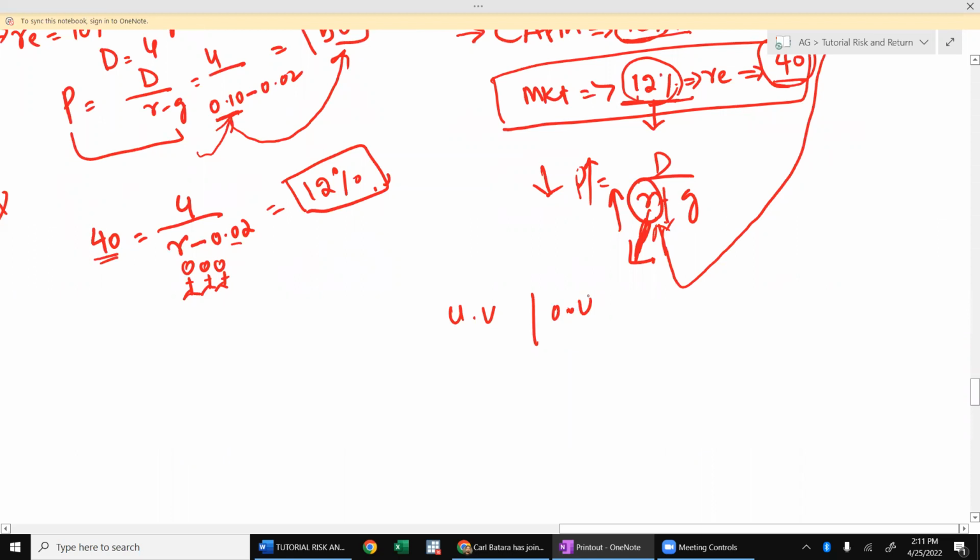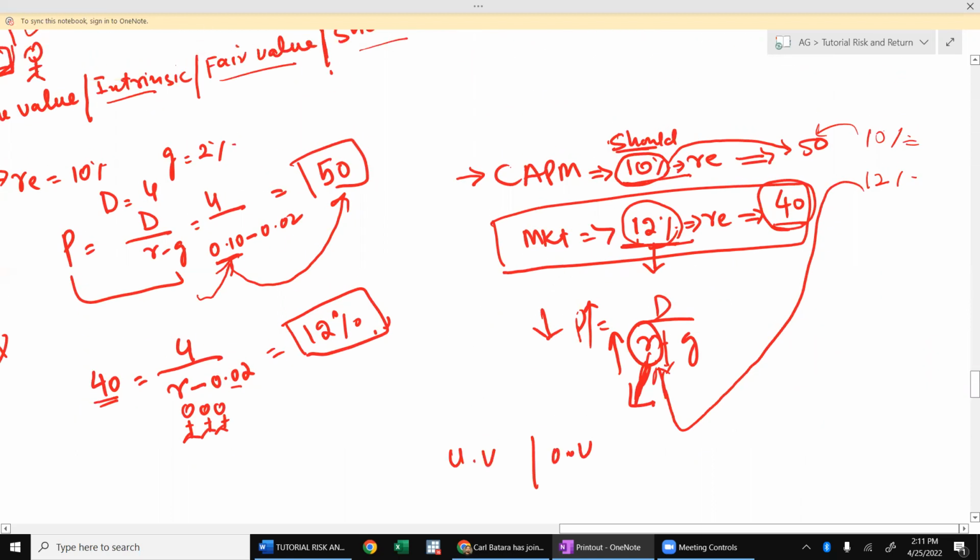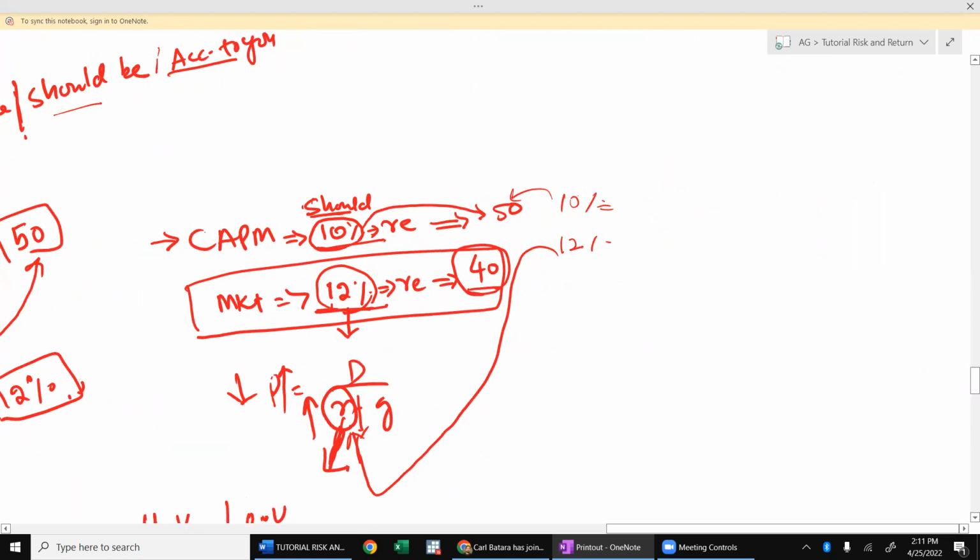So when I say undervalued, it means the price is lower, but the required return is higher. Are you getting me? Undervalued means the price is lower than it should be, but the return on equity is higher than it should be.